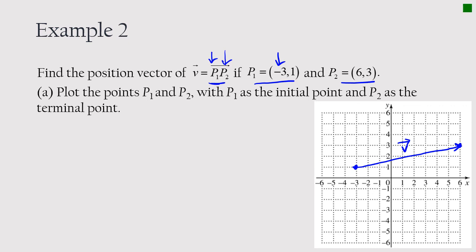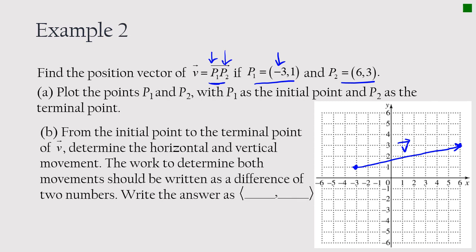I first plotted those points, and we can determine that vector, and then determine the actual vector components: this is going over 9. So 1, 2, 3, 4, 5, 6, 7, 8, 9, and then it goes up 2.